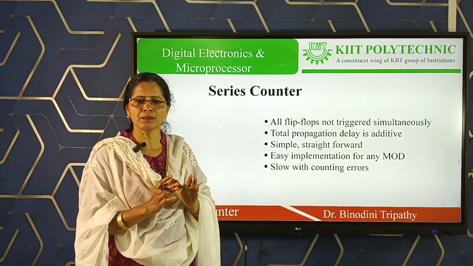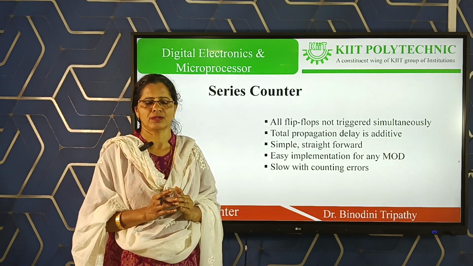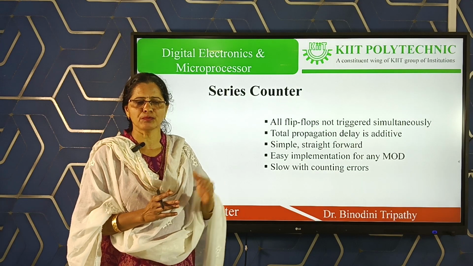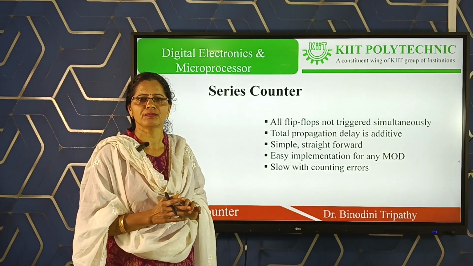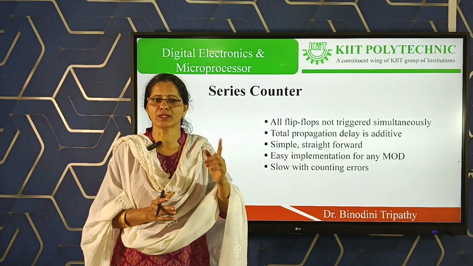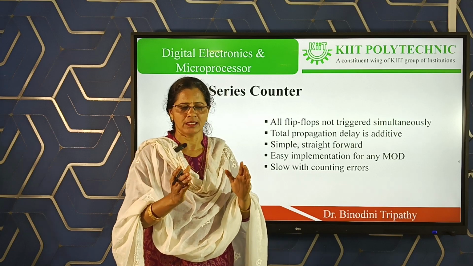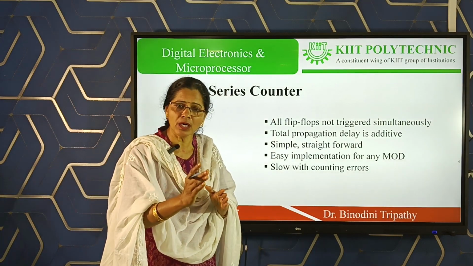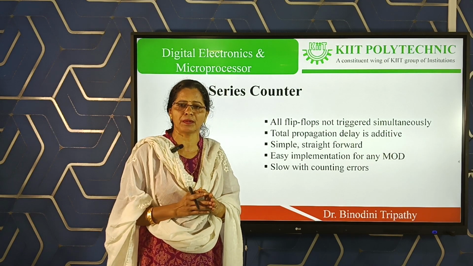And the number of flip-flops in a counter depends on the number of bits of the counter. Suppose you have to design an n bit counter, then you have to take n flip-flops. If you have to design a 16 bit counter, accordingly you have to use 16 flip-flops.